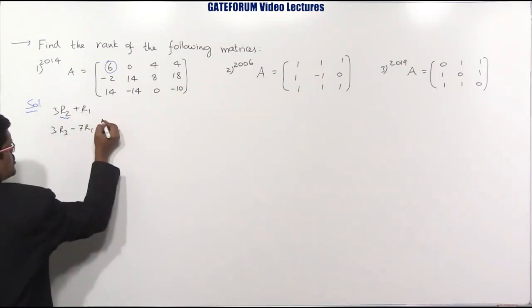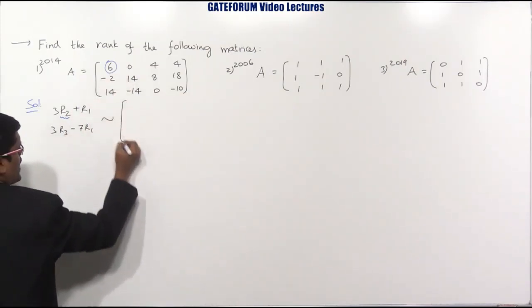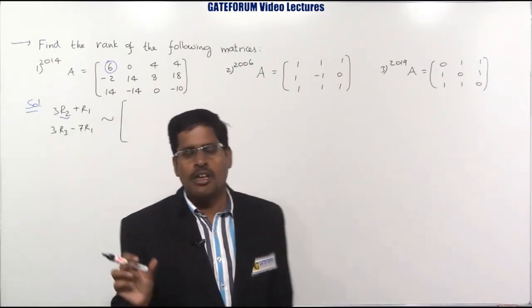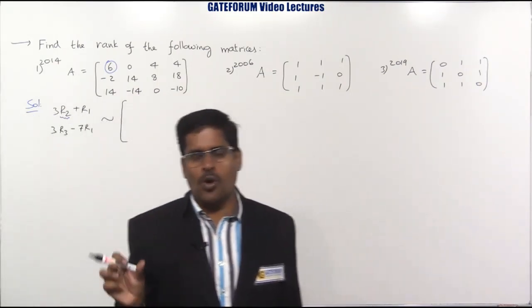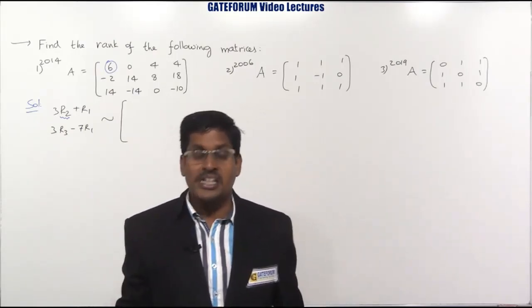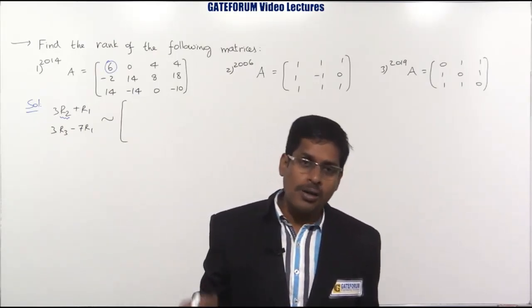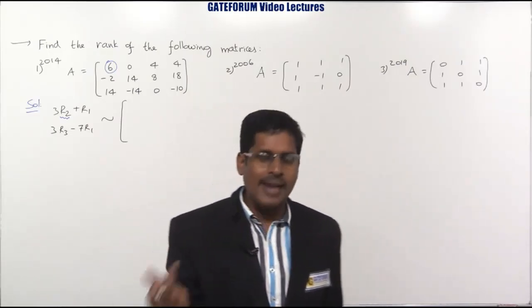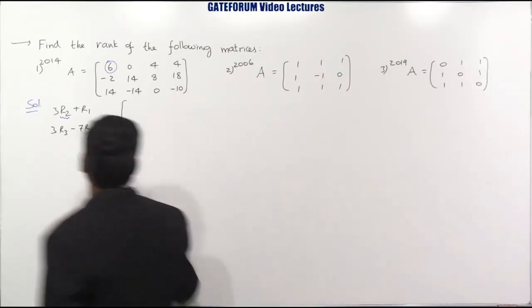So these two operations on a given matrix A, you will be getting an equivalent matrix. This symbol stands for equivalent. That means when you apply a row operation or column operation to a given matrix A, you will obtain another new matrix. That new matrix is said to be equivalent to the given matrix. Okay, so this is the given matrix.